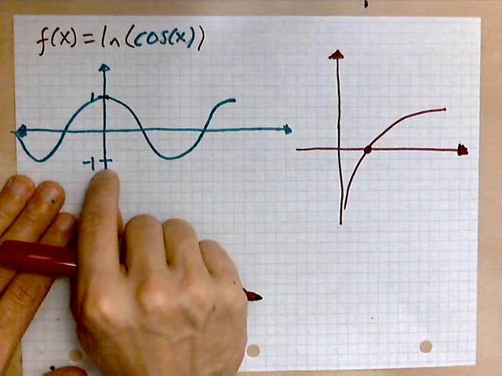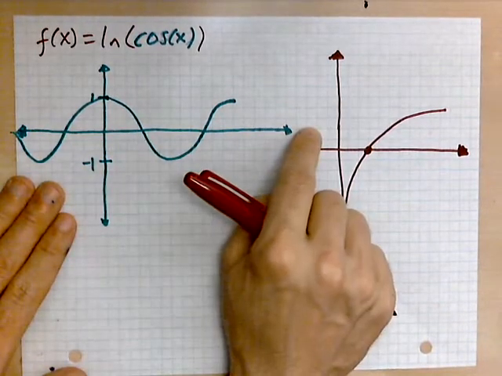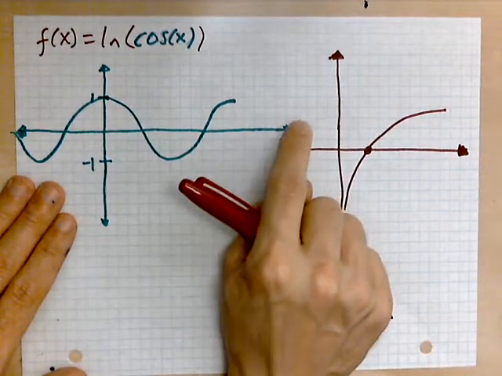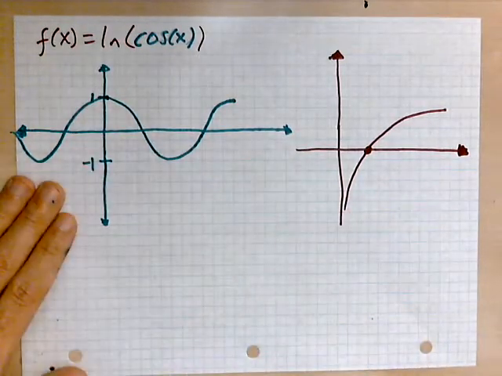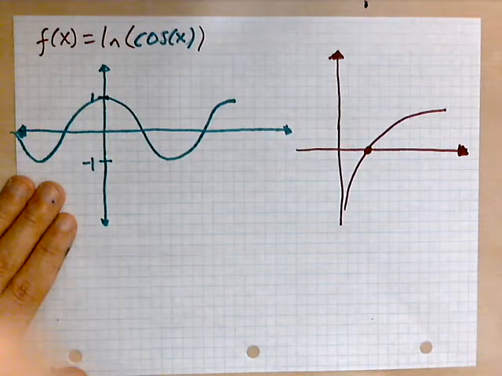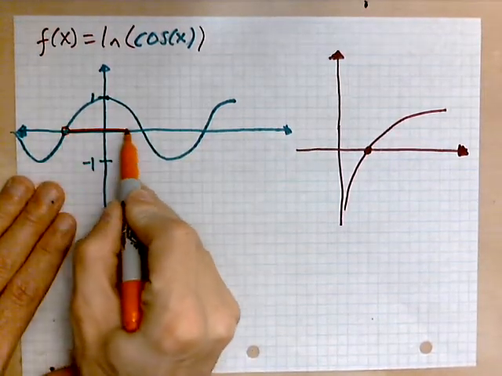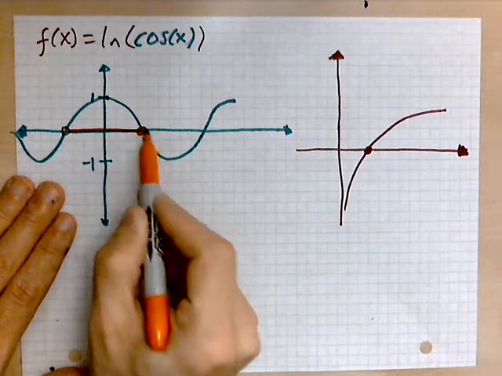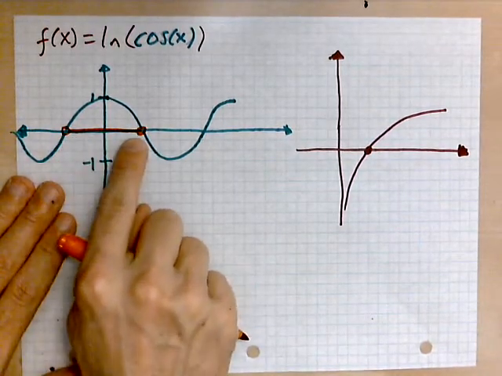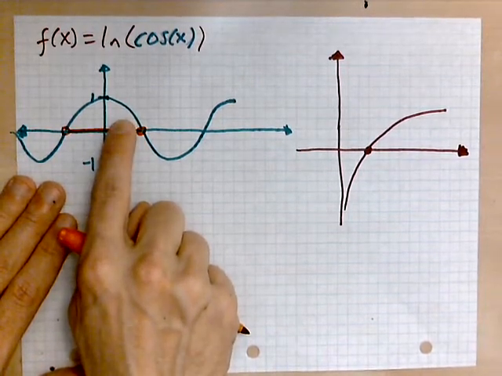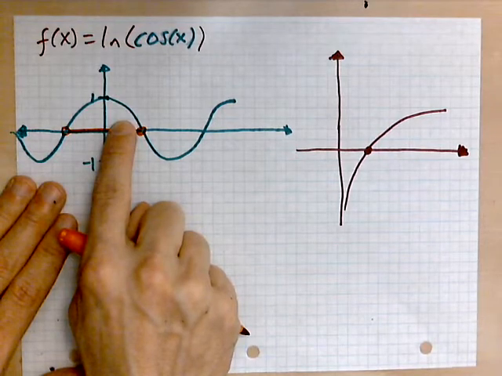So you've got to restrict the domain, right? Let's draw in those portions of the x-axis that yield only positive values for the cosine function. So let me grab another color here. So from here to here, as an example, any value of x chosen from this interval fed into the cosine function yields a positive value, which then can be fed into the ln function.